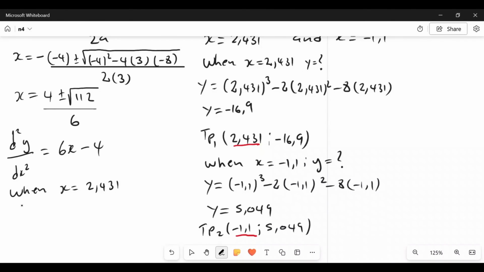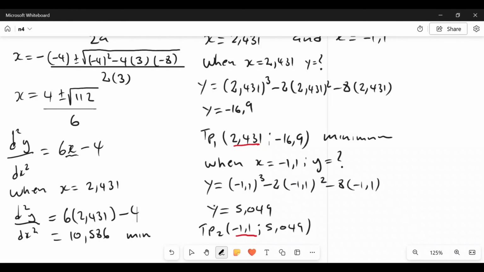So d squared y over dx squared: wherever there is x, we substitute 2.431. We have 6 times 2.431, close bracket, minus 4. What do you get there? I am getting 10.586. So this is greater than 0, which makes this one a minimum. So you can write here that this is the minimum turning point.